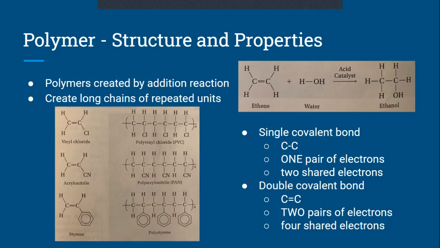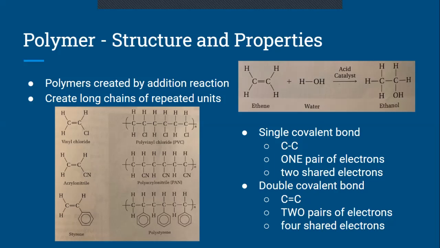Notice they've added together. We've created this longer piece. This double bond has become a single bond, and this hydrogen has bonded to one side of the compound, and the OH has bonded to the other side of the compound. So we've added these 2 things together, and that's called an addition reaction.